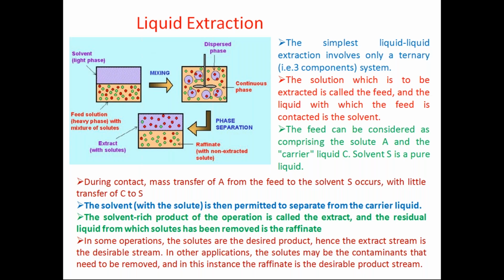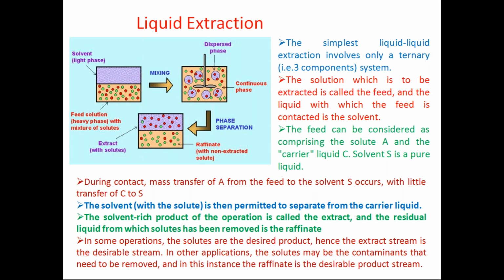Aqueous layer means water is the major component, and it may contain some of the components. Usually acid will be one of the components in which you adopt the liquid extraction. Therefore we call water plus acid an aqueous layer. So this aqueous layer will be treated with solvents which are organic in nature.